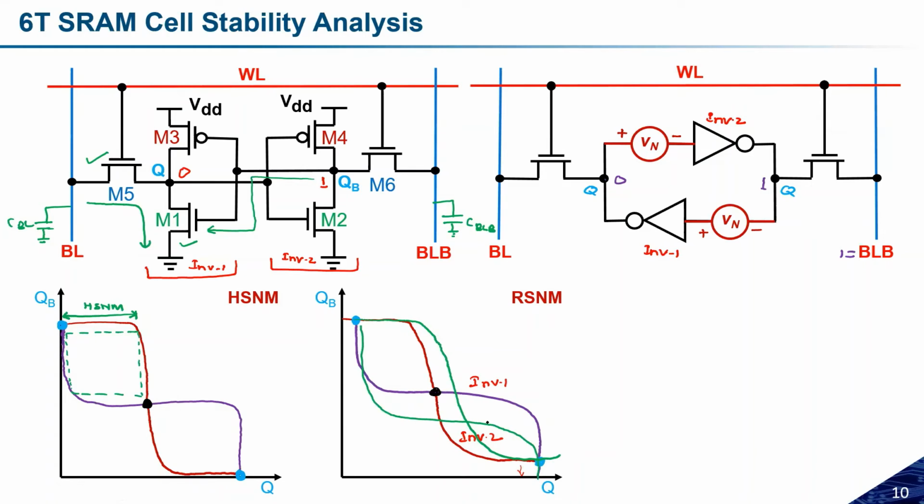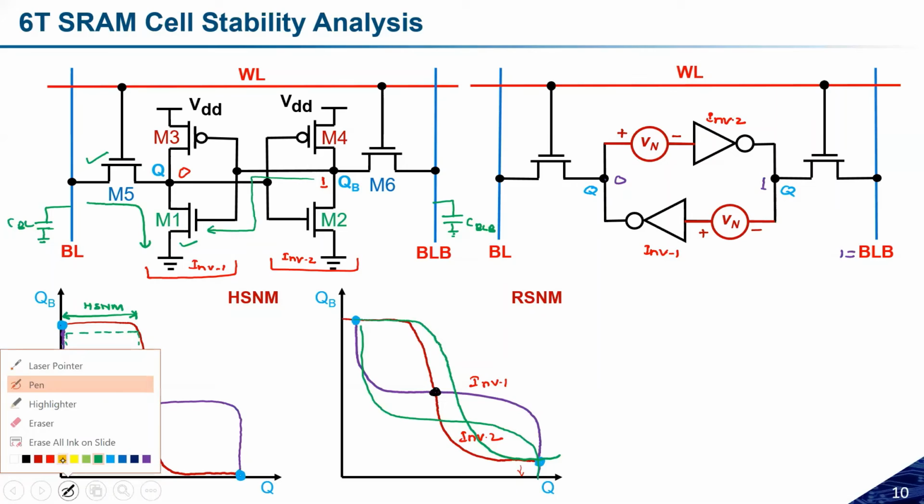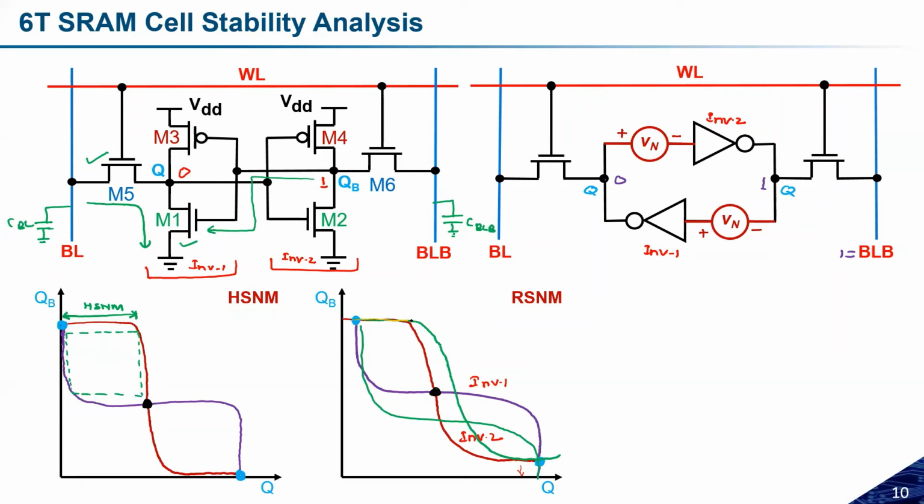And if I keep on changing these, then at some point the waveform will be like this, and the other part will be something like this. So this can also happen. And if you see here, this is the minimum noise margin, where the instability will come.